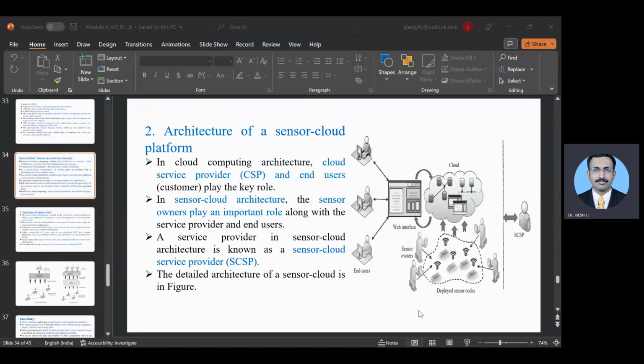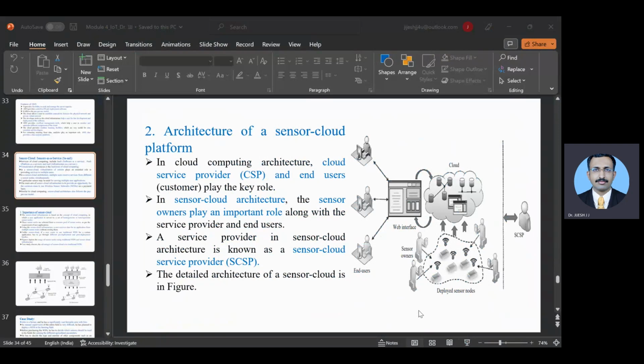You can see here this is the deployment of sensor nodes, and the sensor cloud service provider is the one who is monitoring the entire process. The deployment is done here, and each sensor owner is responsible for that environment. Once it is done, it is interfaced with the cloud, and you can see the web interface also.